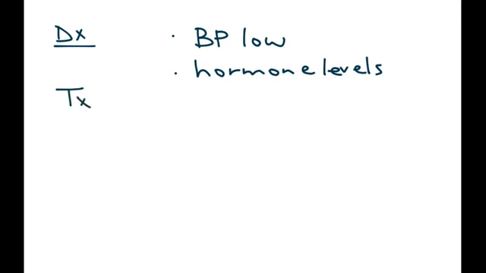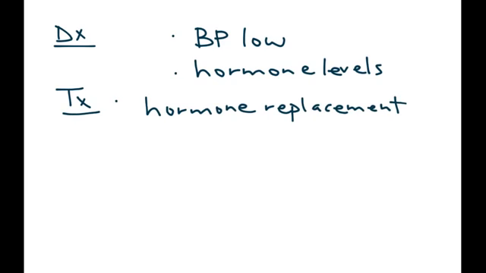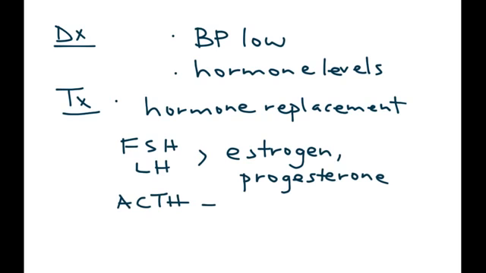Treatment of Sheehan syndrome involves hormone replacement as follows. To deal with the FSH and LH deficiency, you give estrogen and progesterone. Prednisone is generally used to replace ACTH.